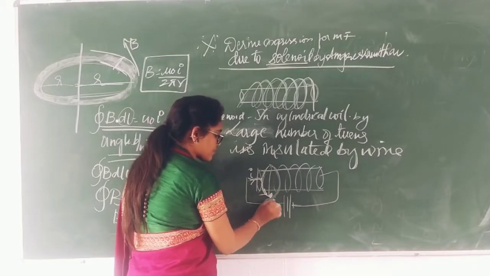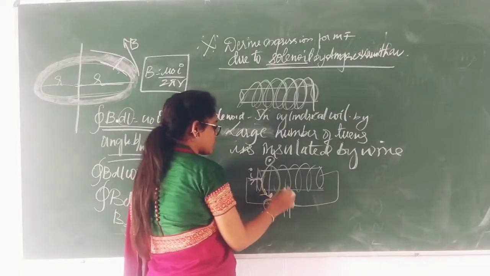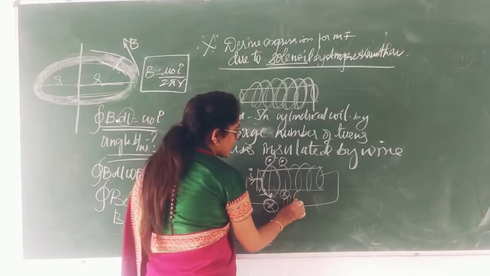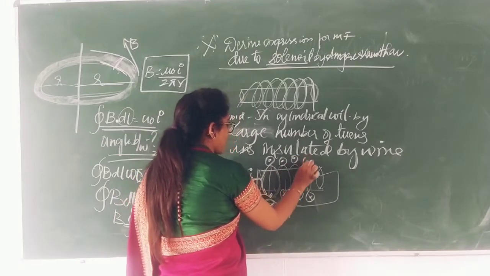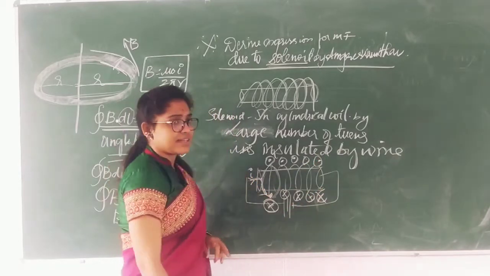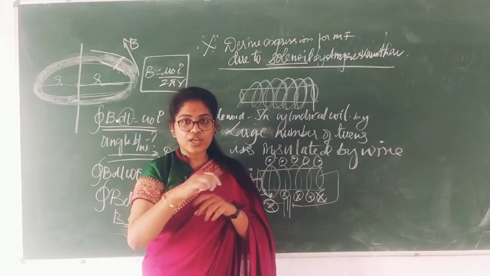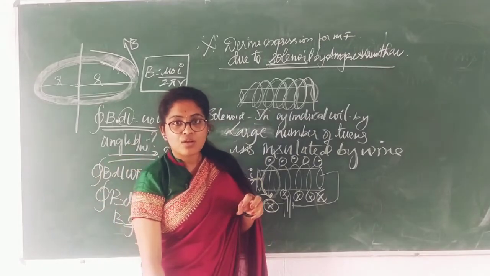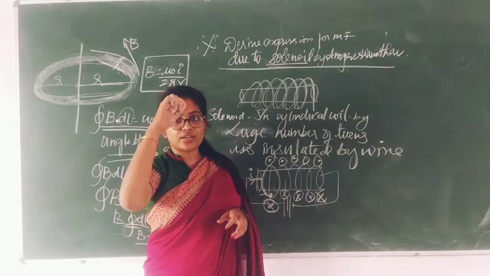Let me show the symbol like this. Here the current is going inside and here the current is coming outside. Inside, outside, inside, outside. What exactly is this like? When you do threading, you have seen embroidery designs, they put the needle in like this and take it out like this.